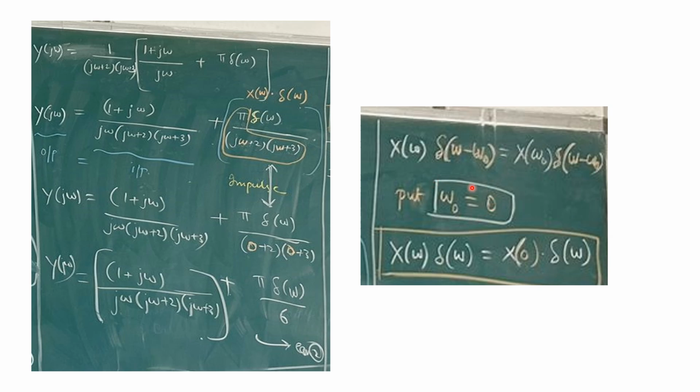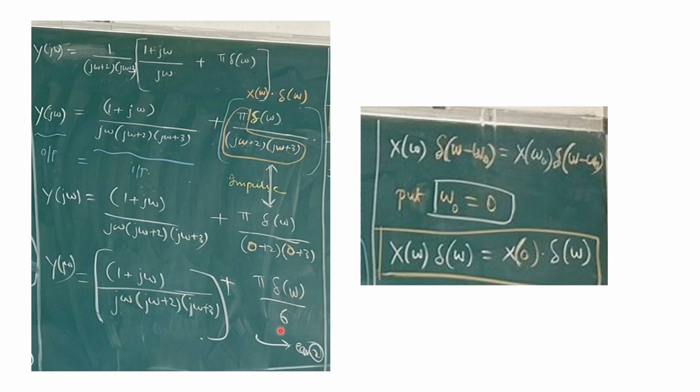If we put ω₀ equal to 0 in this expression, we can see by comparison that X(ω) is X(0). So I am substituting ω equal to 0 for the impulse because of the δ(ω) function. In place of X(ω), it is X(0). On comparison, ω is 0 in this, and by keeping all these terms the same, this becomes πδ(ω)/6.